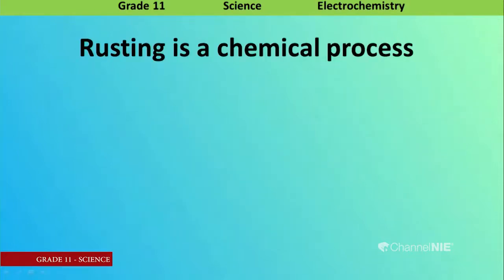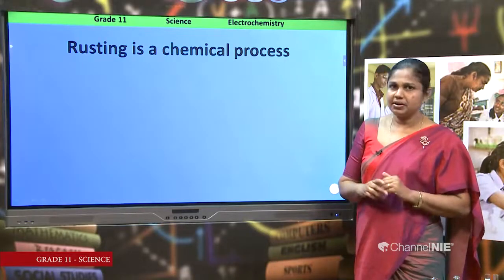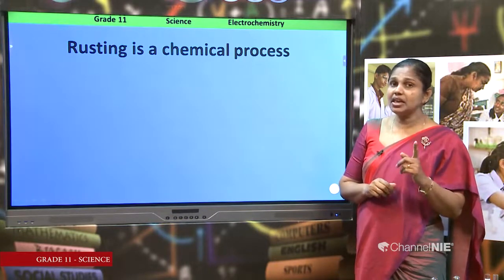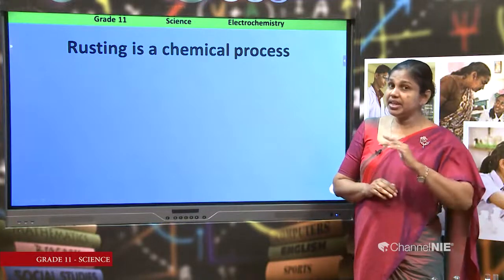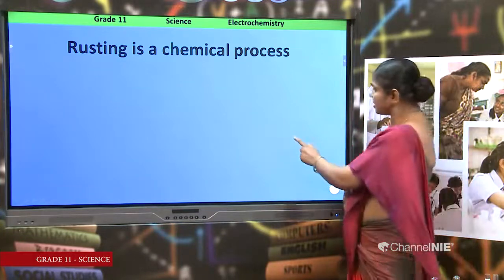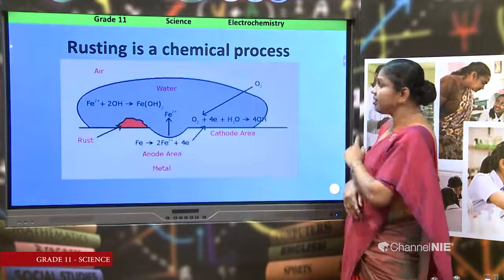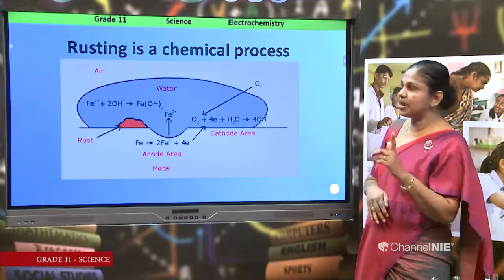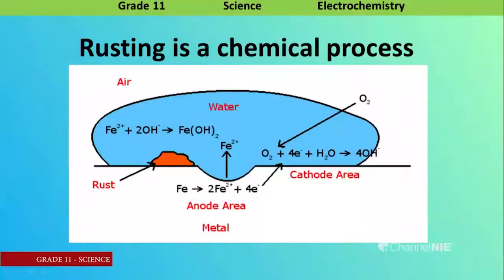Then, let me explain what really happens during rusting, right? Children, remember, rusting is a chemical process. There is a series of chemical reactions in rusting, okay? These are the reactions that occur on the iron surface during rusting. See, suppose this is an iron material, an iron-made thing, and this is a water drop, an enlarged water drop.